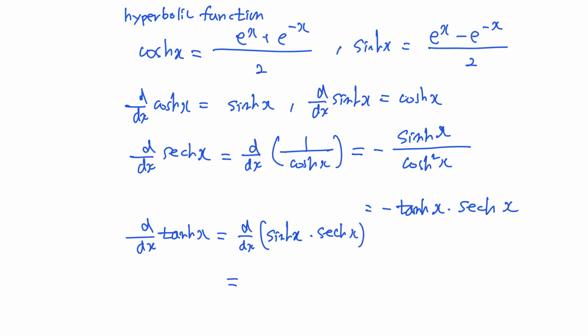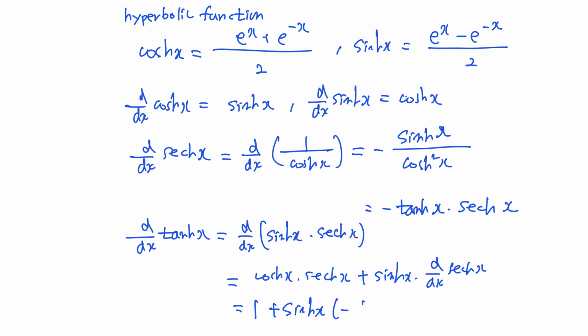So this is cosine hyperbolic x times secant hyperbolic x plus sine hyperbolic x times d/dx secant hyperbolic x, which is 1 plus sine hyperbolic x times minus tangent hyperbolic x times secant hyperbolic x.